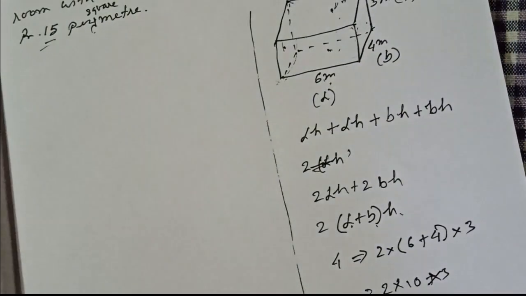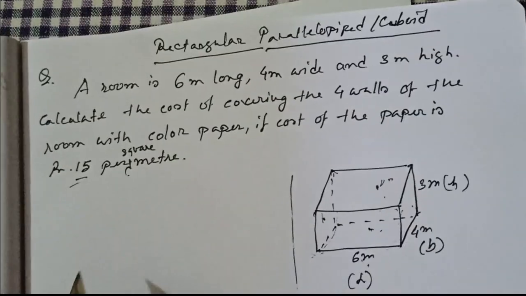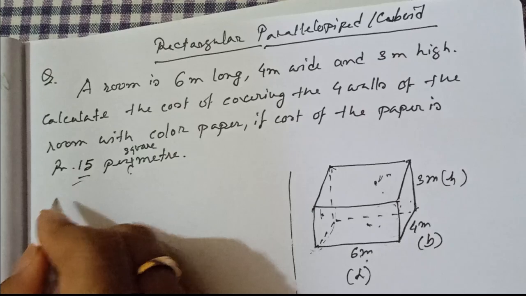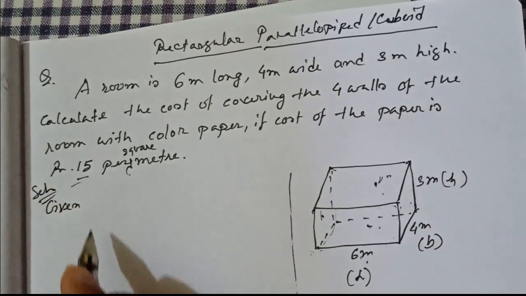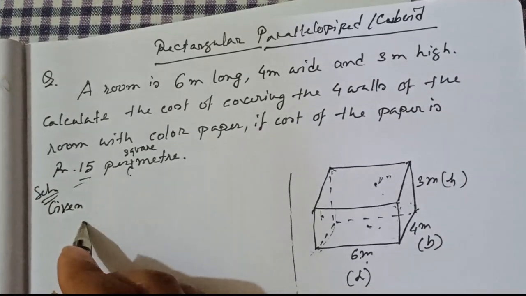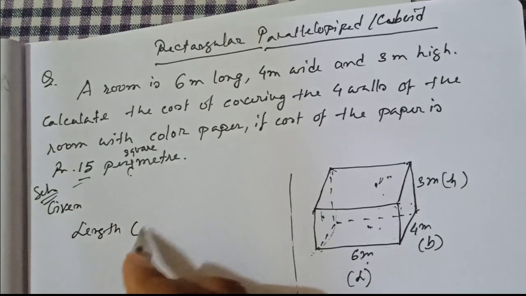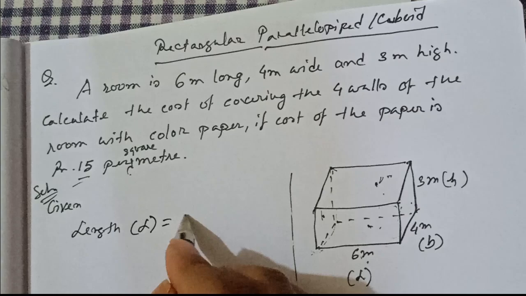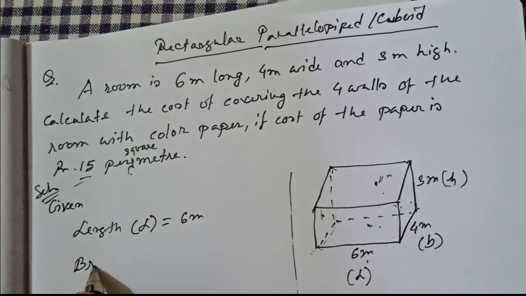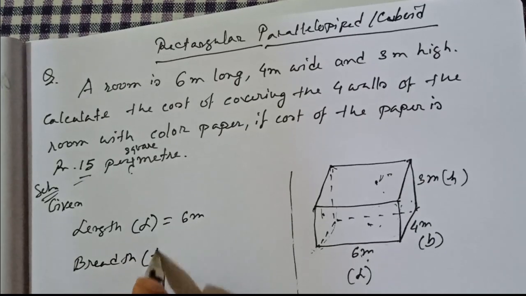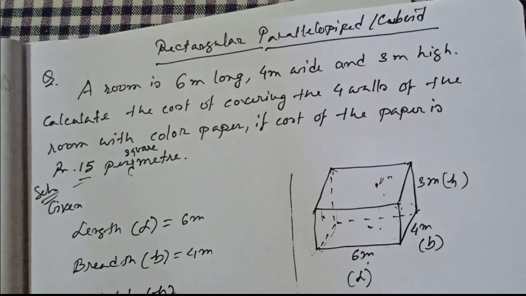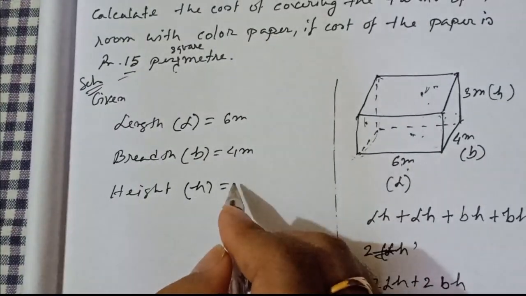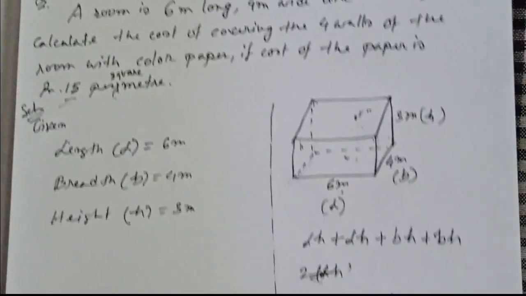Okay, so first we have to write the solution, given that length, which is L, is 6 meter, breadth, suppose B, is 4 meter, and height, which is H, is 3 meter.